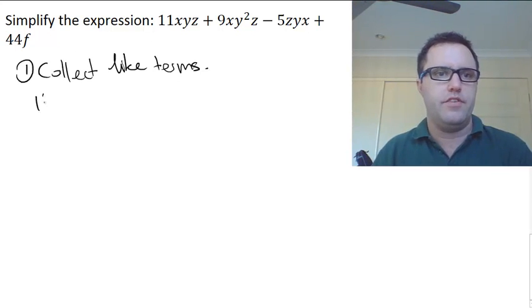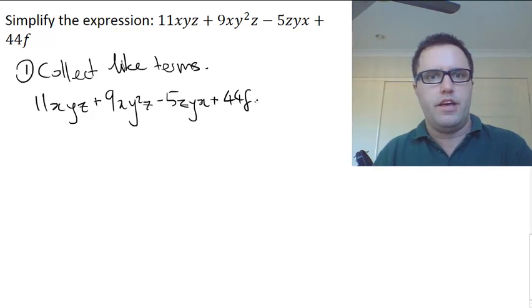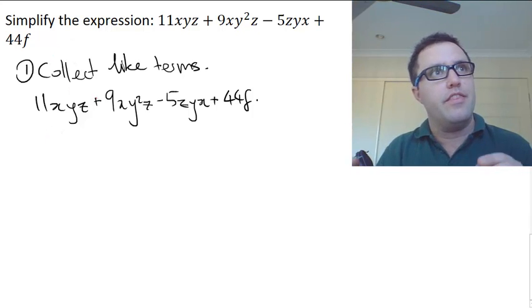We have 11xyz plus 9xy squared z take 5zyx plus 44f. Now if we have a look at this, remember that the only thing that we worry about with like terms is that they have exactly the same letters in them.